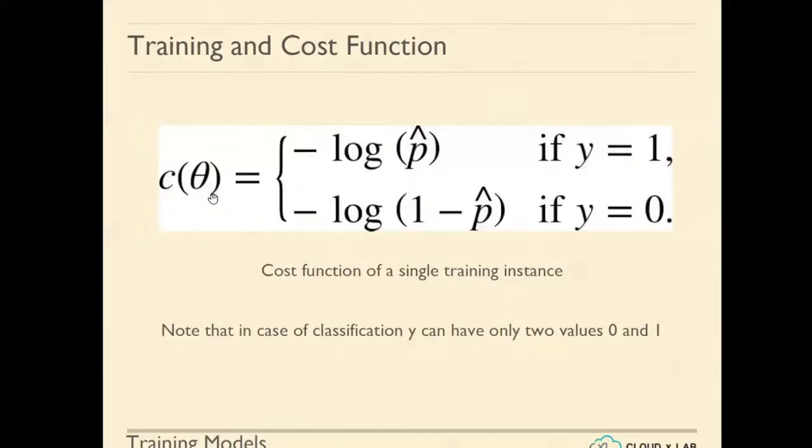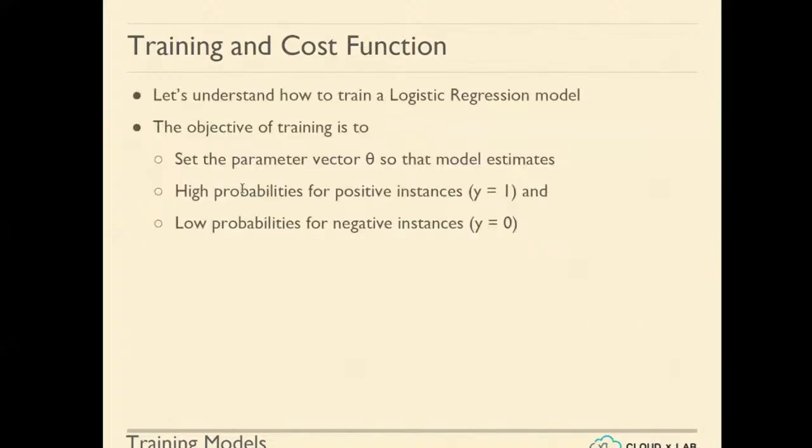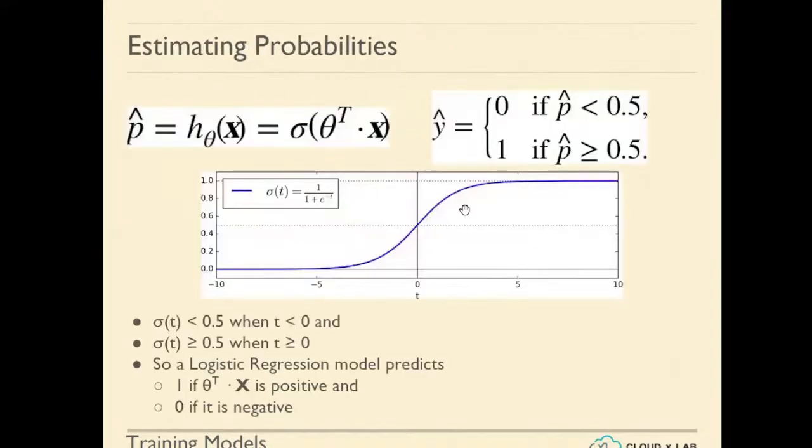So if we take this type of cost function, C theta, it satisfies both of these properties. What property do we want here? We want a high positive score for the positive class and a low probability score for the negative class.